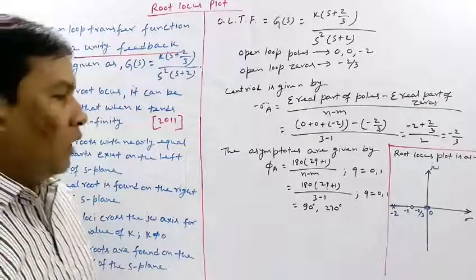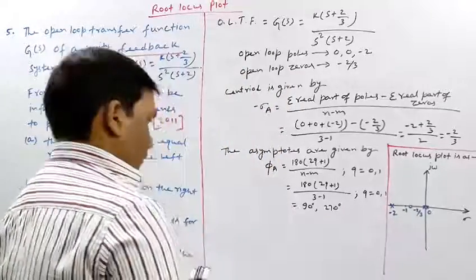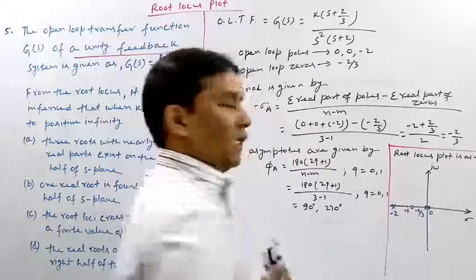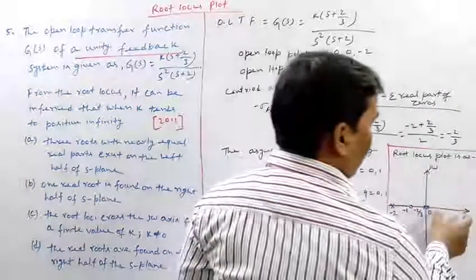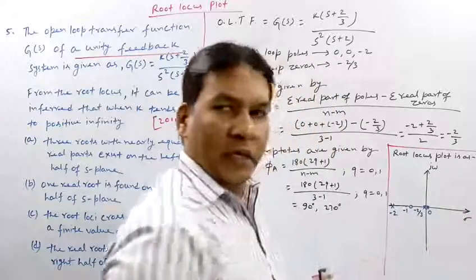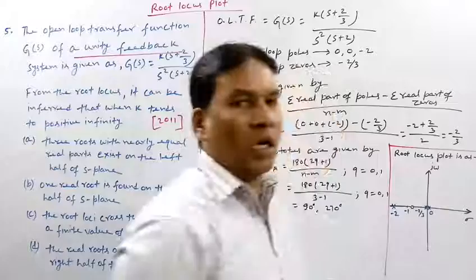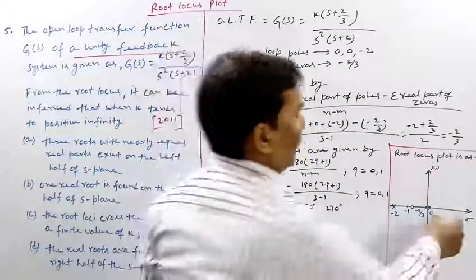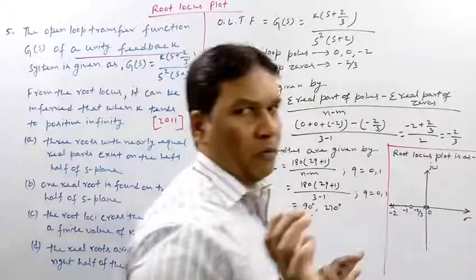Now what will happen? Let me check which part of the real axis is a part of the root locus. Let me check the rightmost part, whether this part will be a part of the root locus. No. Why? Because to the right of this part, the total number of poles and zeros is 0. So this branch of the real axis will not be a part of the root locus.